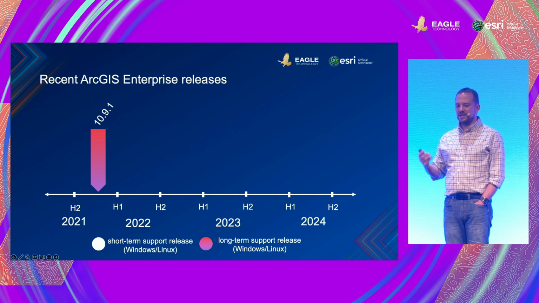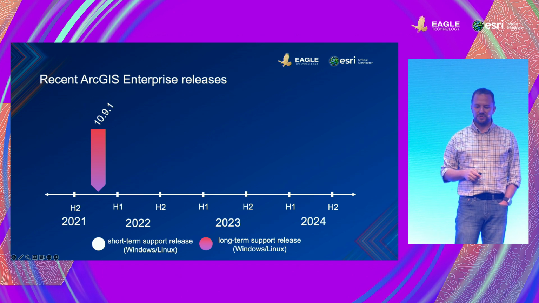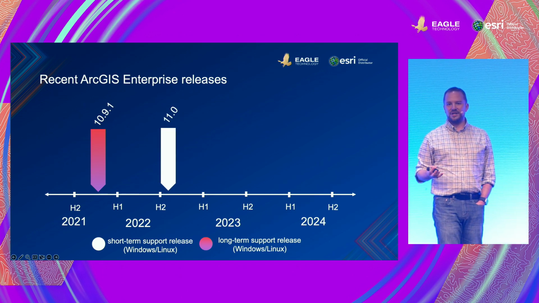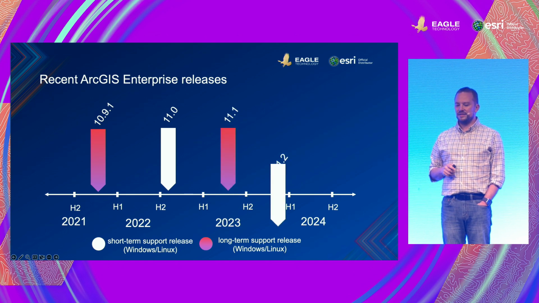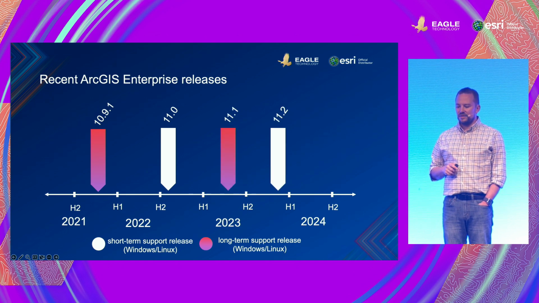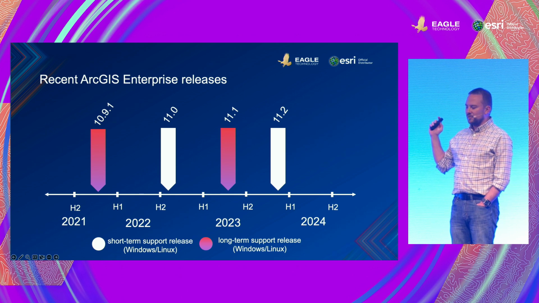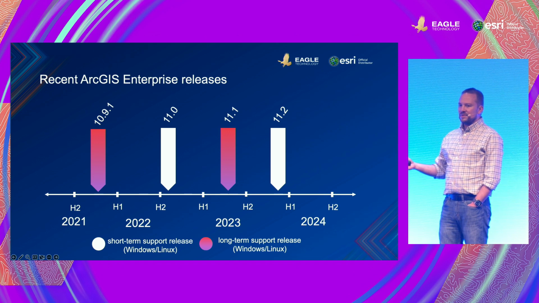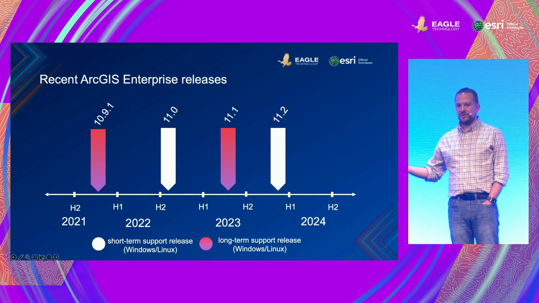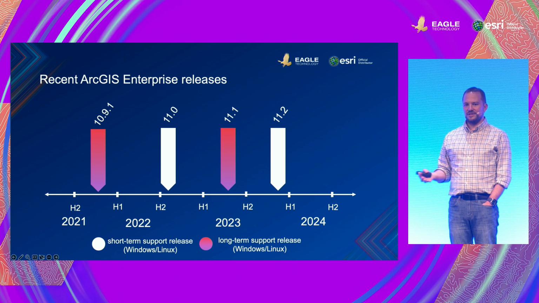So ArcGIS Enterprise 10.9.1 was a long-term support release. Then 11.0 came out and was a short-term support release. You can guess the cadence here. This is important because as an organization, when you choose to upgrade and what version you choose to upgrade to is often a very consequential decision.